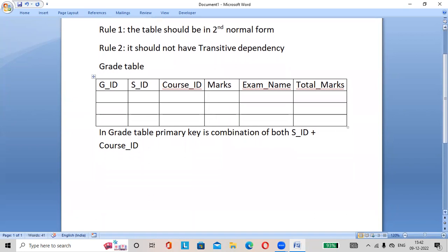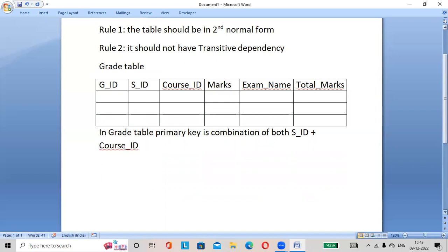What are the rules of primary key? It must be unique and not null. It accepts unique values. It does not accept null values. And it does not allow duplicate values. These are the properties of a primary key.